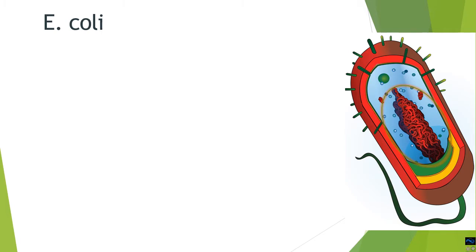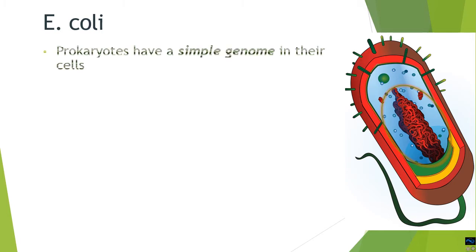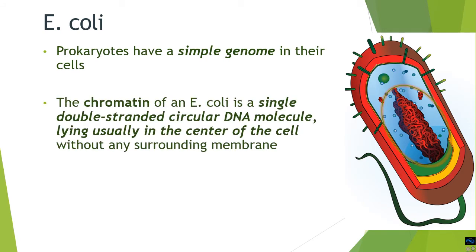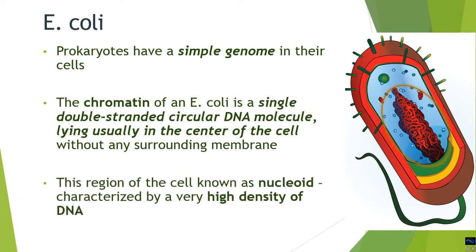How genetic material exists in prokaryotic cells is best visualized by the example of E. coli, Escherichia coli, which is a prokaryote and the simplest cell. In E. coli, the genetic material is a simple genome, usually present in the middle of the cell, and is a single double-stranded circular DNA molecule without any surrounding membrane.